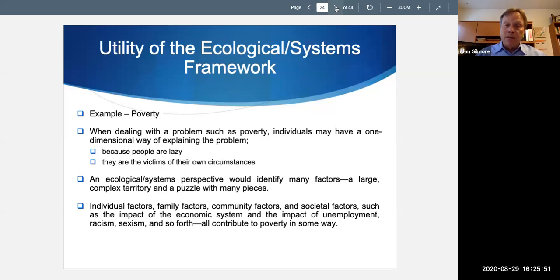There can be these individual factors, family factors, community factors, societal factors. There is the impact of an economic system. Are we in a depression? Are we in a recession? Is the job market poor right now? Did you go to school years ago to learn skills that are not really applicable anymore in terms of the kind of job that you're hoping to get? How does that impact on employment?